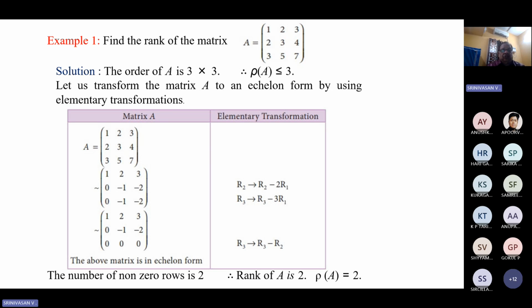So 2 minus 2 into 1, 0. 3 minus 2 into 2, 3 minus 4, minus 1. 4 minus 2 into 3, 4 minus 6, minus 2. That is what we mean here: R2 is R2 minus 2 R1.